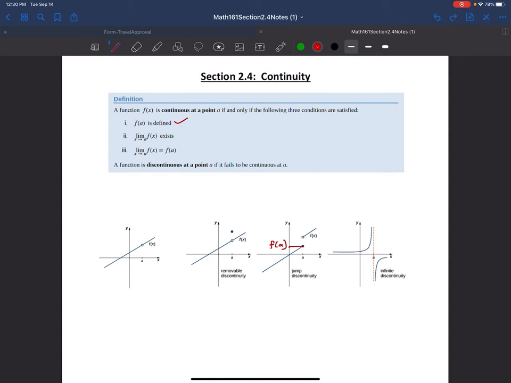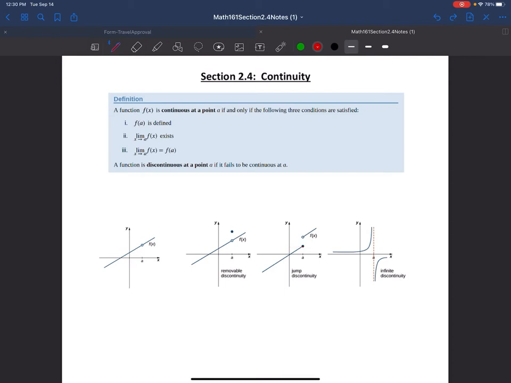No, it does not, because the left and the right-hand limits do not agree. So since the limit doesn't exist, this is not continuous, even though it is defined. All you need to find is one of those three things that doesn't satisfy it, and you know we have a discontinuity. So you can just run through them each individually.